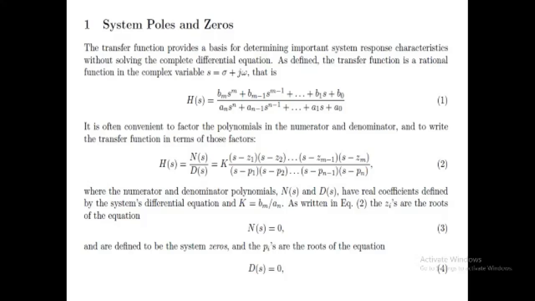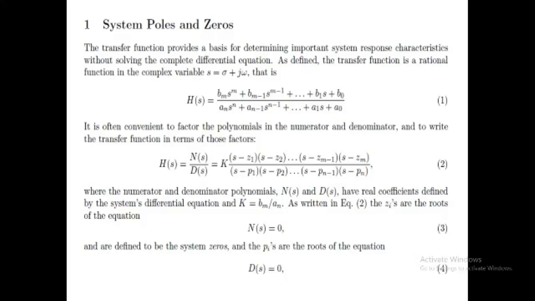Here this transfer function H(s) becomes infinite, and hence a1, a2, a3, and an are the poles of the transfer function. If we equate the denominator of the transfer function to 0, then we obtain the poles of the system.